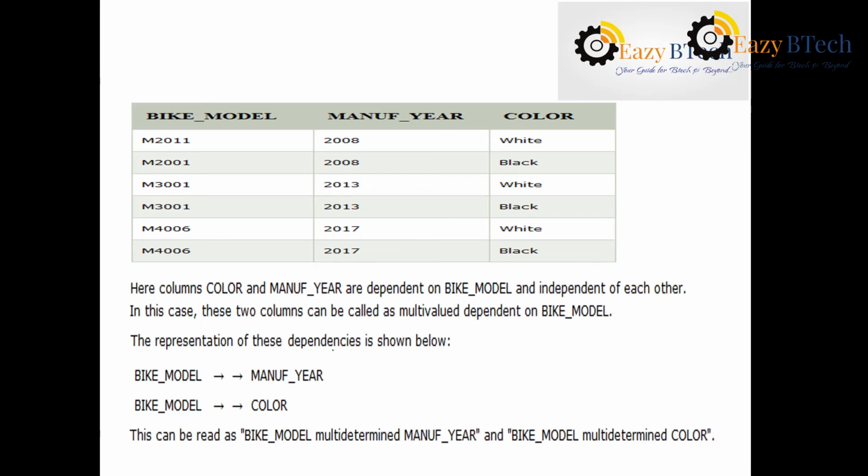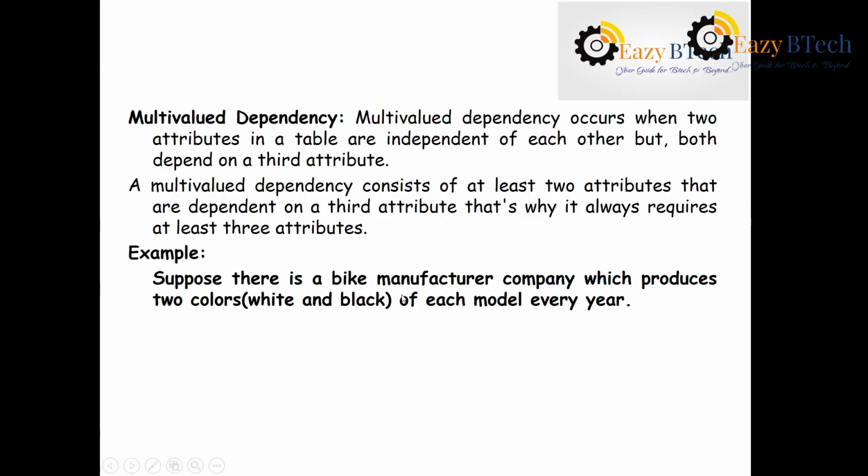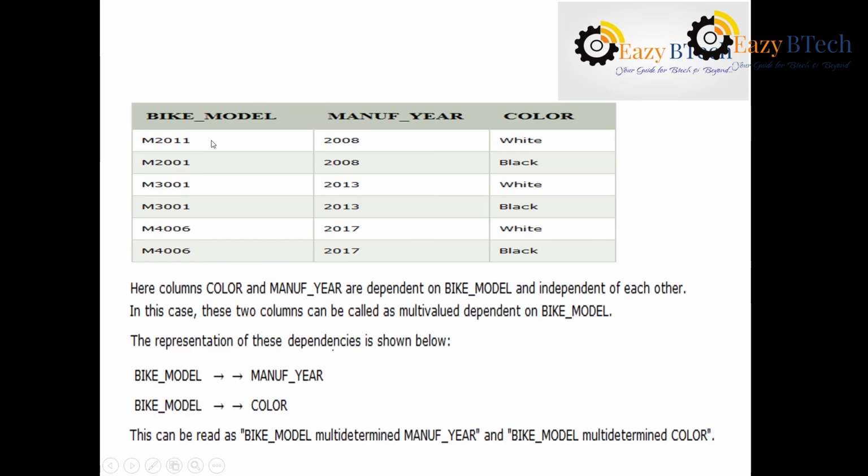For example, suppose some bike company releases two bikes based on the year 2008, white color and black color. If you take a bike model, say CBZ, whatever it may be, compulsorily we have only two.